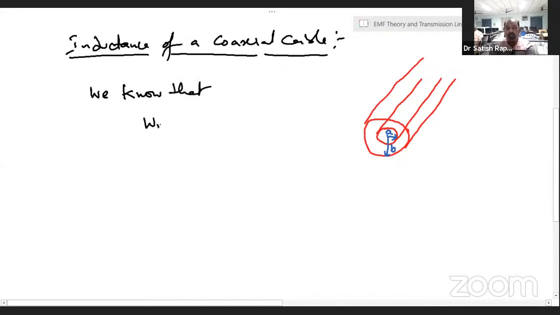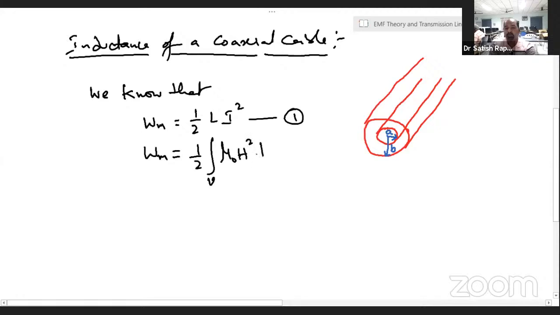We know that energy stored in an inductor is half Li squared, let us say this is equation 1, and energy stored in a magnetic field is half volume integral of mu naught H squared dV, let us say this is equation 2. Both are energy, so equation 1 and equation 2 can be equated.